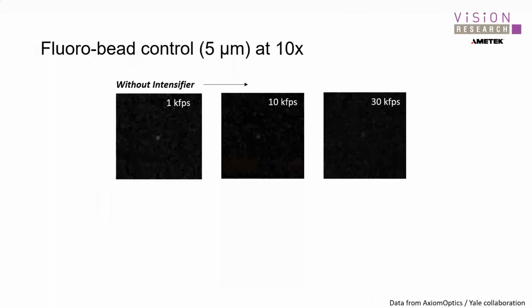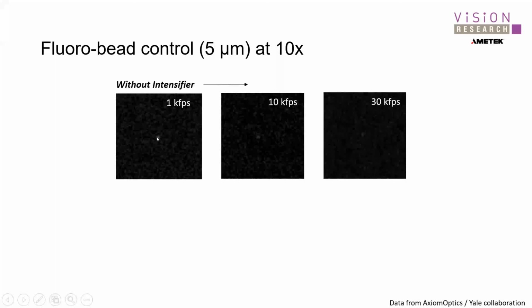So an example of that here is a control experiment that we did in collaboration with some of the image intensifier partners. And what we had here was a 5-micron fluorescent bead at 10x magnification. And we just simply increased the frame rate to see what the signal to noise would look like. So without the intensifier, you can see at 1 kilohertz, 10 and 30, you get a very, very low signal to noise ratio.